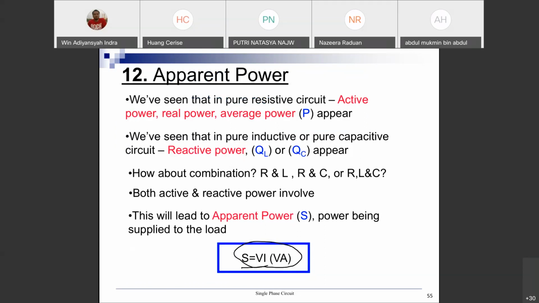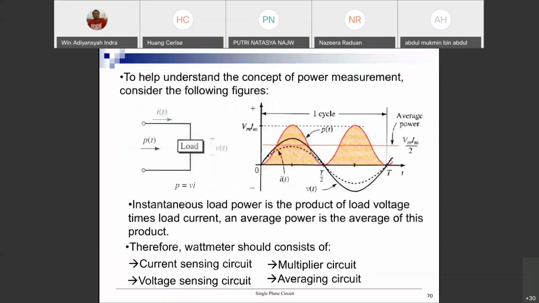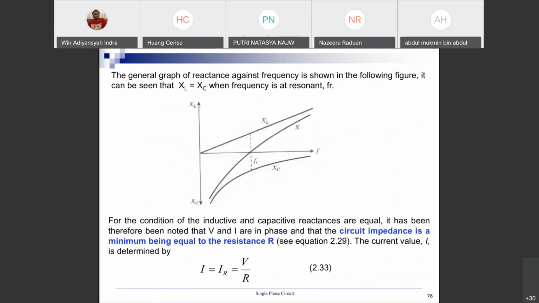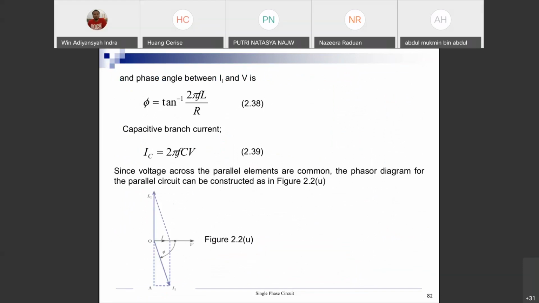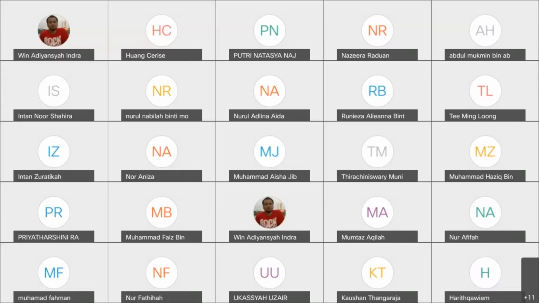S, apparent power, equals V multiplied with I. So PF equals P over S, S equals V times I, right?